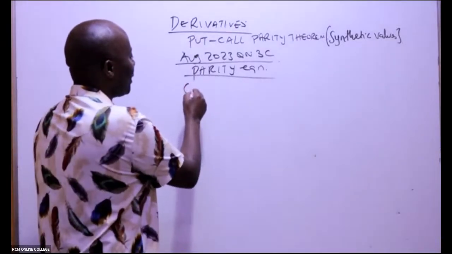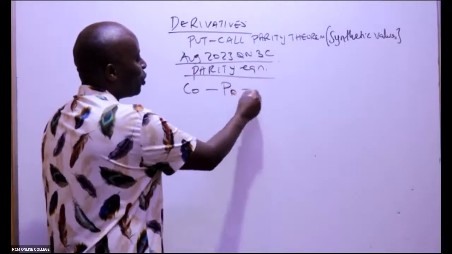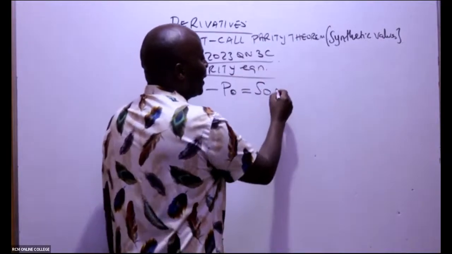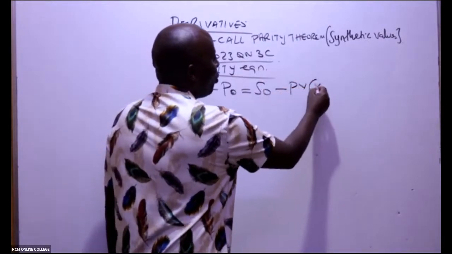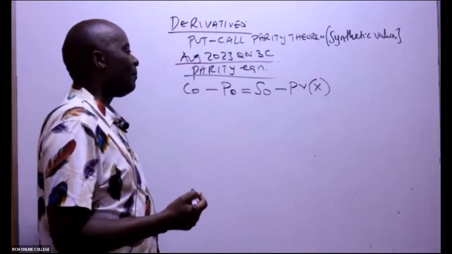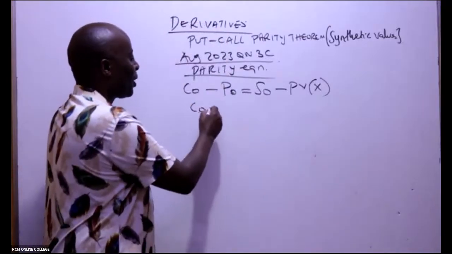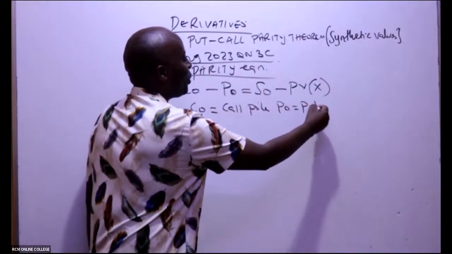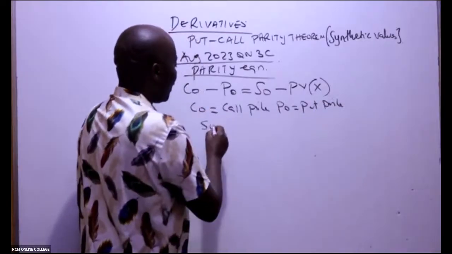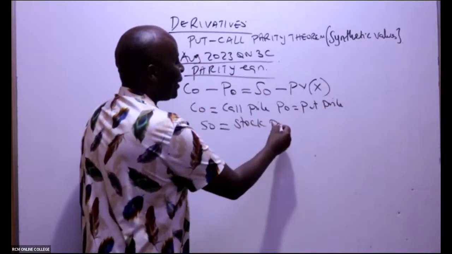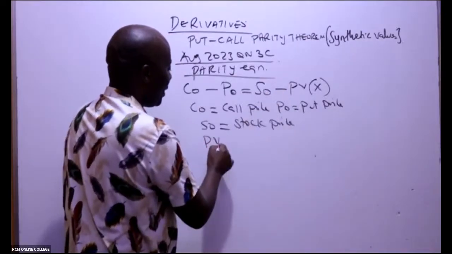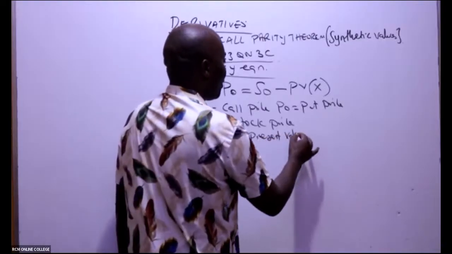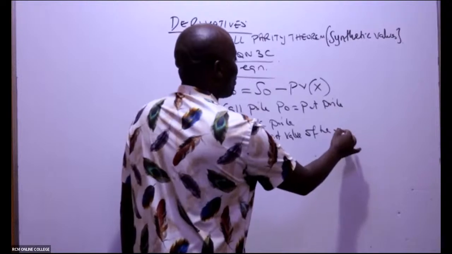We normally say call option minus put option will always be equal to the stock value minus the present value of the exercise price. So remember, CO is the call price, PO is the put price, SO is the stock price, and PVX is the present value of the exercise price.